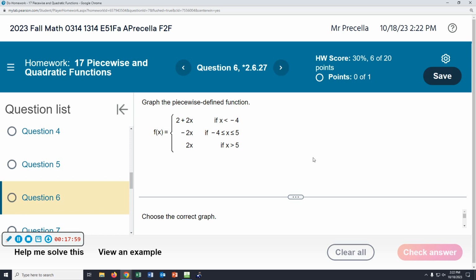And we're going to use just the piece positive 2x if x is greater than 5. Let me make sure I didn't miscopy this. 2 plus 2x if x is less than negative 4.